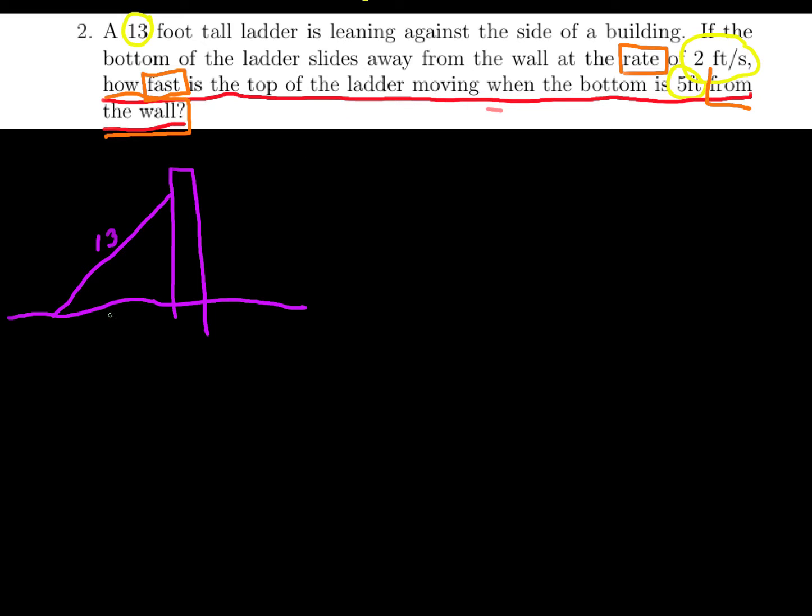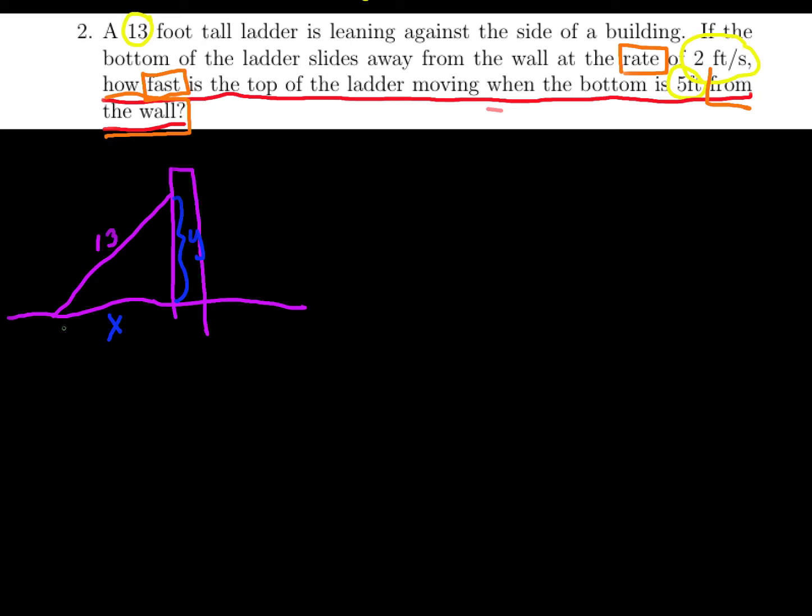And just for simplicity, I'll call this x. And we want to know the rate at which the top of the ladder is changing. So that's this distance here. And this distance, the distance of the top of the ladder to the bottom, I'll call y.